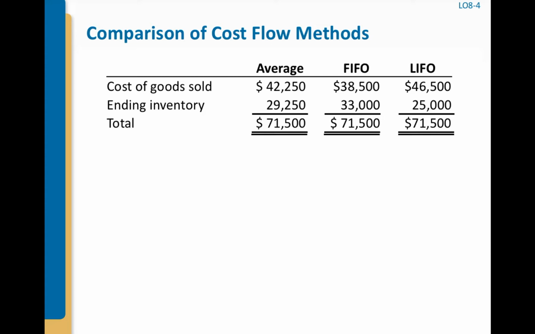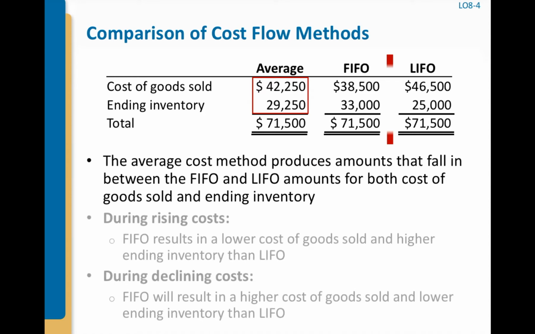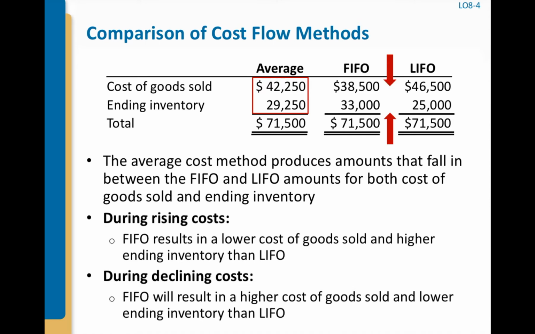That could throw off your averages to the point where average could actually sit at a lower or higher point for cost of goods sold or ending inventory than either of the other two. But that is the exception to the rule. Almost always the average is going to come in between FIFO and LIFO, and that should make sense.